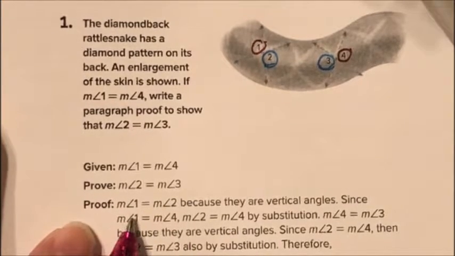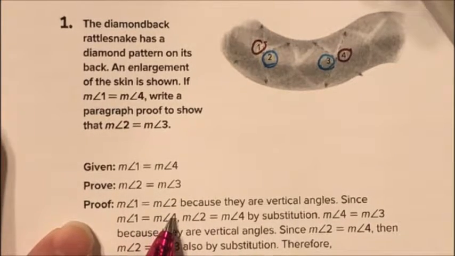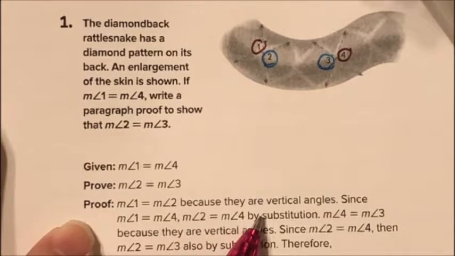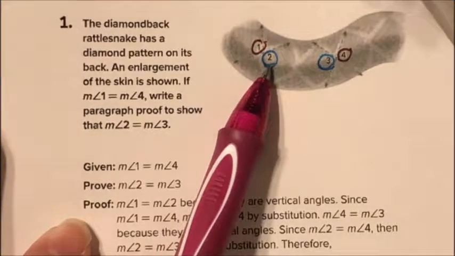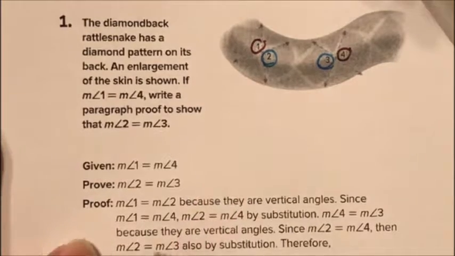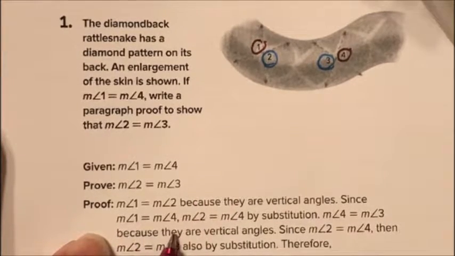So measure 1 equals measure of angle 2 because they're vertical angles. Since measure 1 equals measure 4, measure 2 equals measure 4. Remember, because we said measure 2 was the same thing as 1.